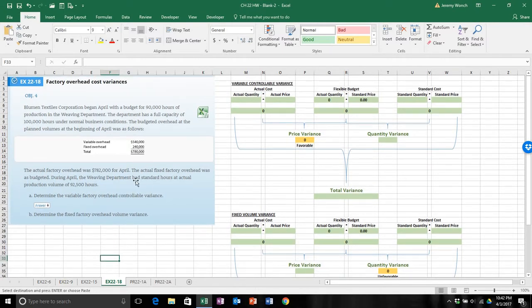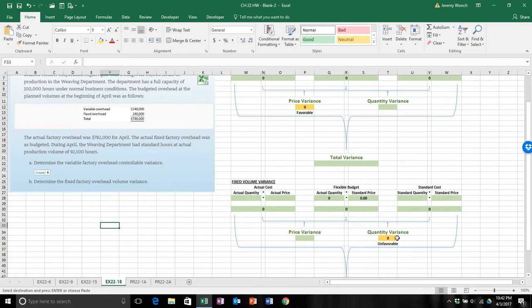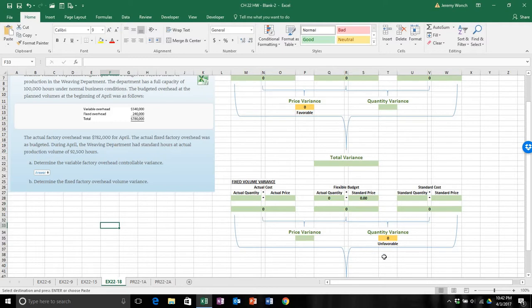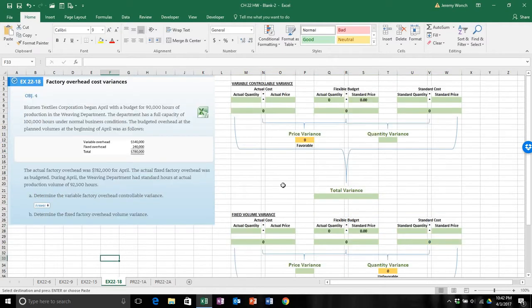This little chart takes a single cost and breaks it between actual and standard. What it's asking us to do here is look at two different kinds of costs, both variable and fixed. So we'll create two different schedules. On the variable cost, it's asking us to look at the price variance, and on the fixed, it wants us to look at the quantity variance.